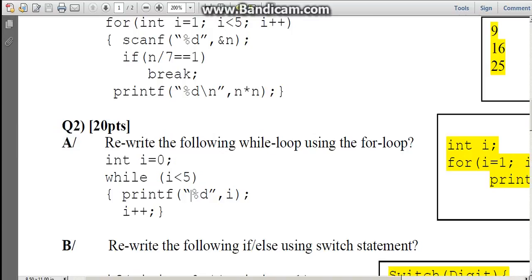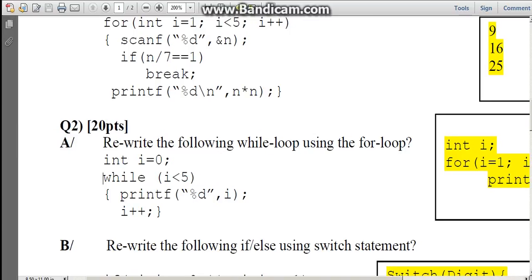So here is mentioned that i is equal to 0, and check, or loop while this condition is correct. So they start increasing.